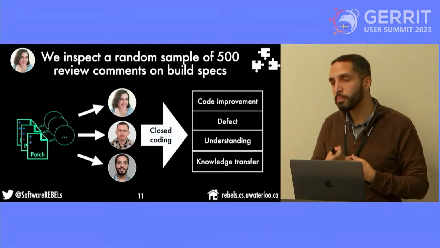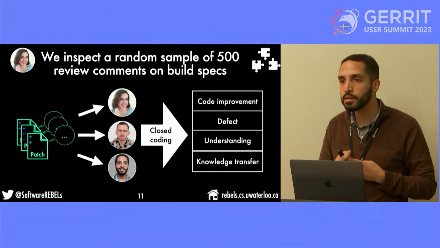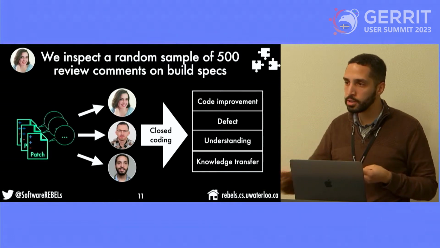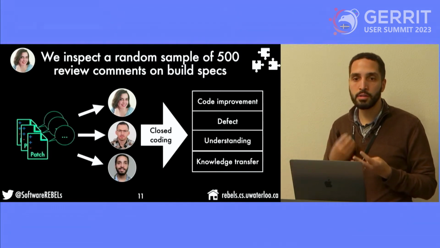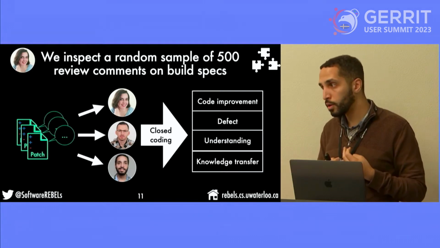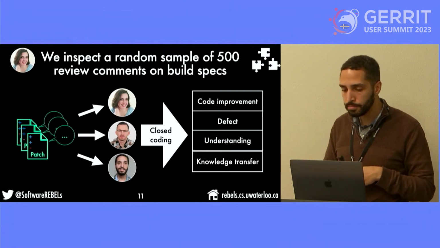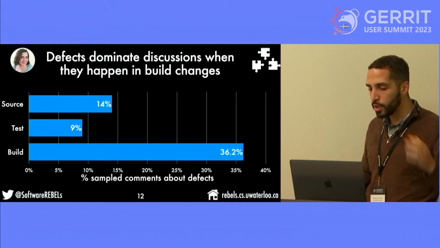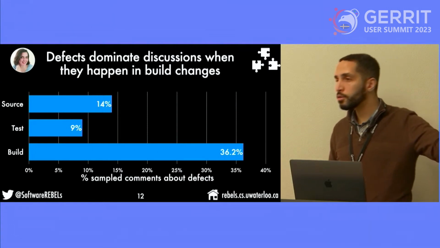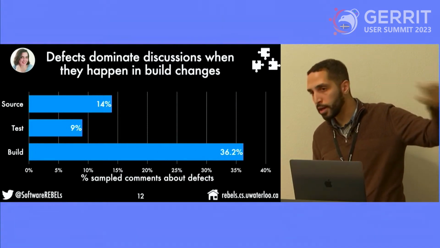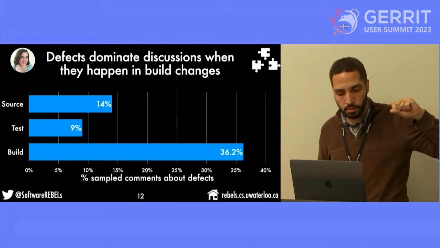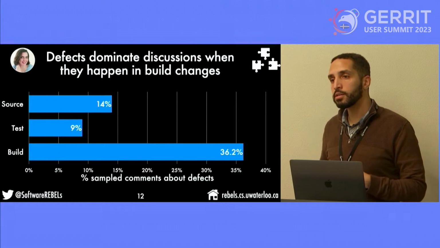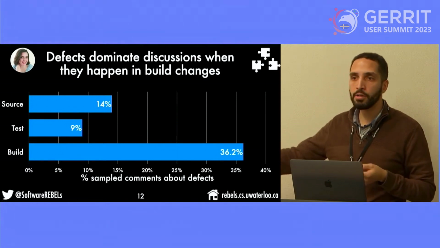So there are code improvement comments, there are defects that people are pointing out, there are understanding kind of questions that people raise, there's knowledge transfer that happens during code review, and a few others. The thing I want to highlight here is that we compared to reports from the literature that have done similar studies at places like Microsoft and Google, and we're finding that in the code review of build changes, the discussions of defects are much, much more prevalent.